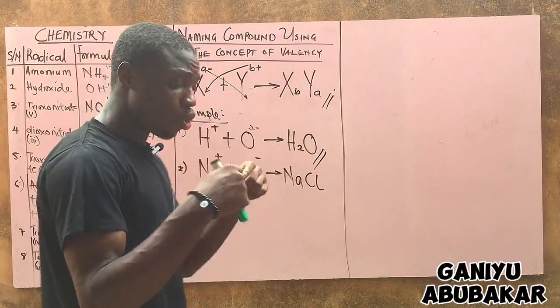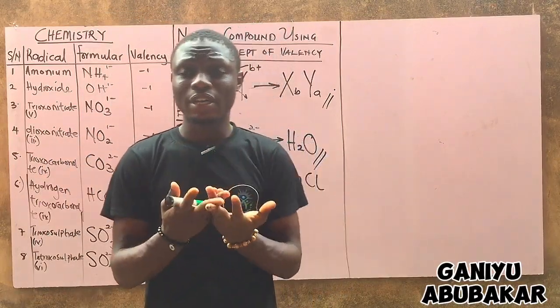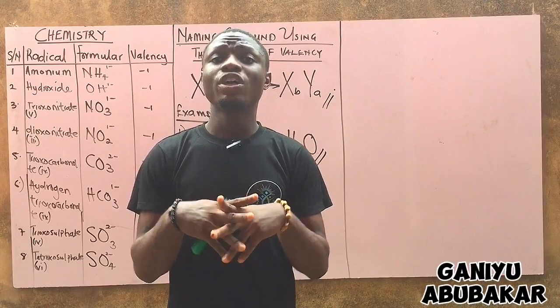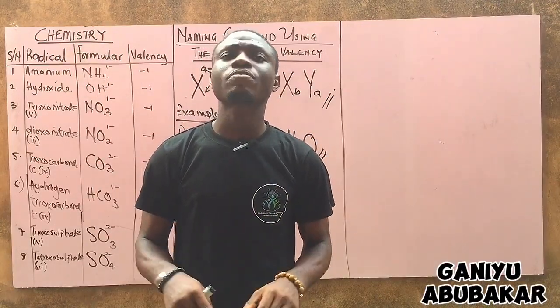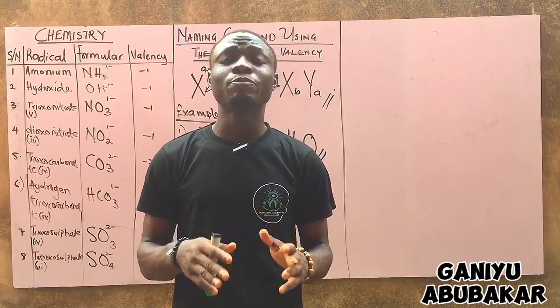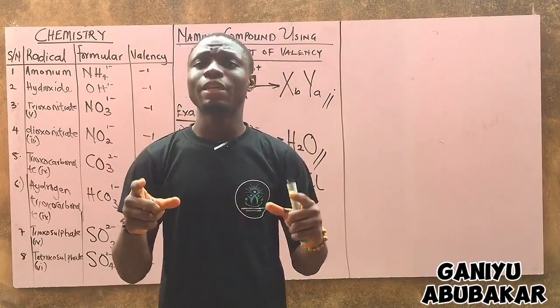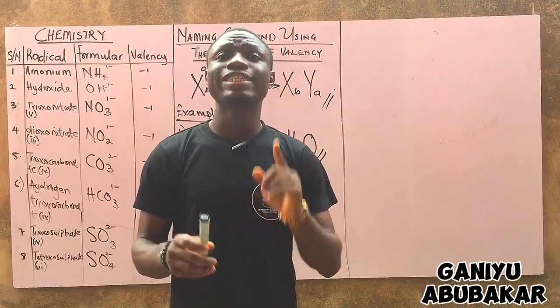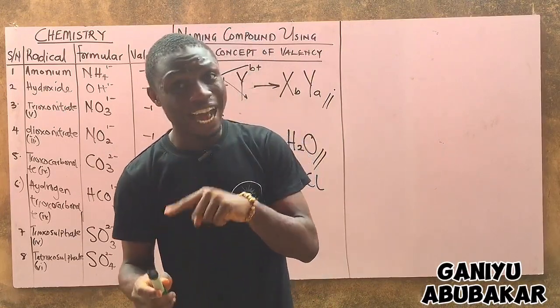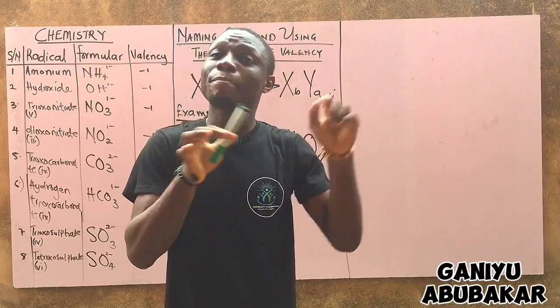Just observe that when two elements are combining to form a compound, they exchange their power, ignoring the sign. That's all. It is also important to note that two elements can combine when they are of opposite charges but the same power.